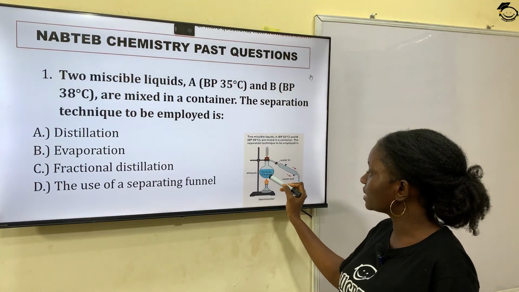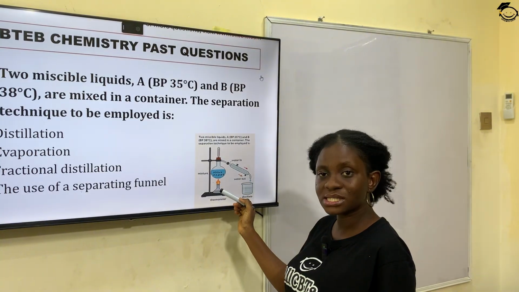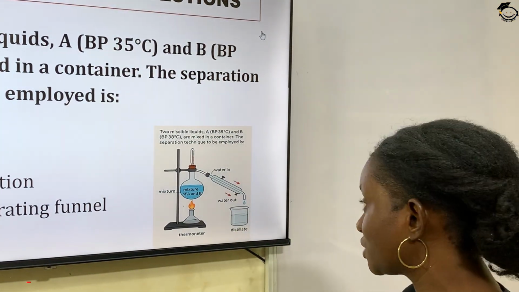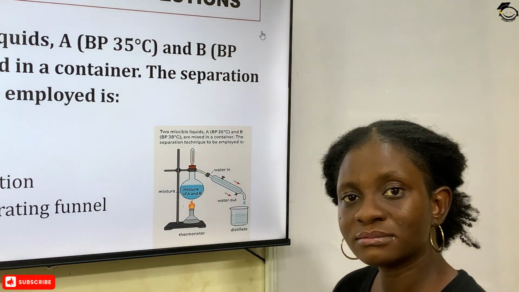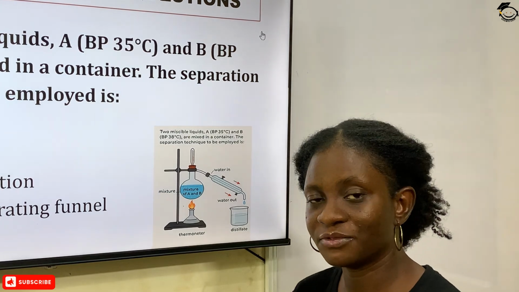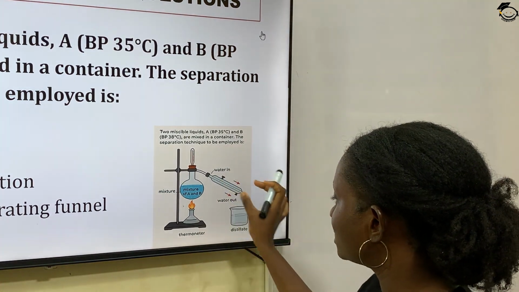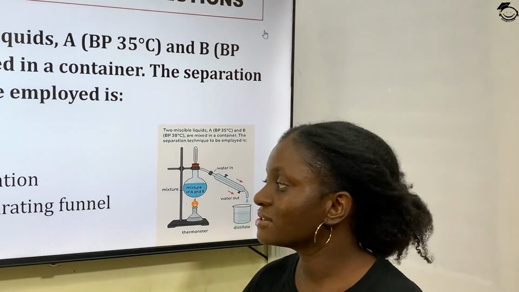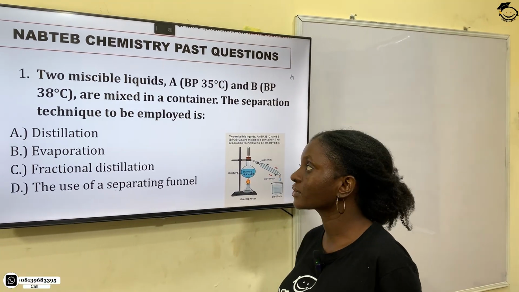This is the liquid mixture of A and B, with a heat source, then a thermometer to measure the temperature. So in this setup, the one with the lower boiling point vaporizes first, and this is the condenser that condenses it to liquid. So the correct answer is fractional distillation, option C.